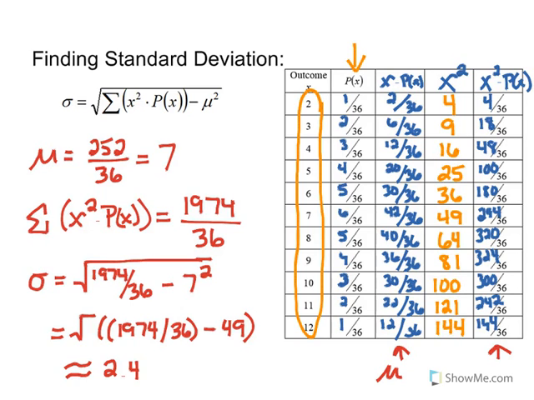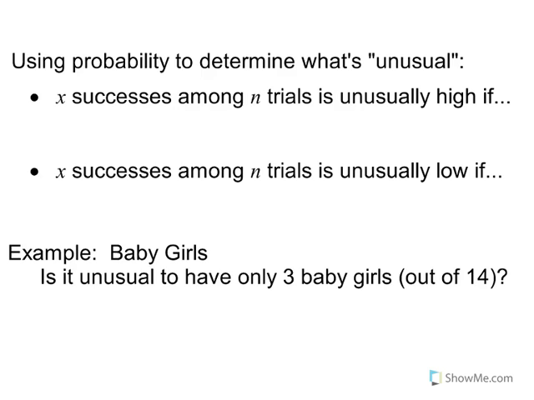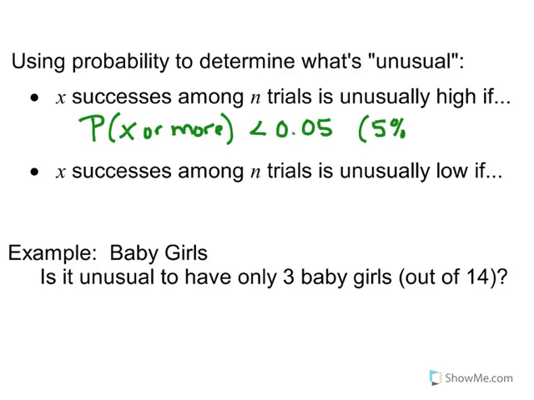Okay, so what's the purpose of having these numbers, and how do we figure out what's typical, unusual, and so on? So, using probability to determine what's unusual. X successes among N trials is unusually high to have that many successes if the probability of X or more is less than 0.05, or if it's less than a 5% chance of happening.